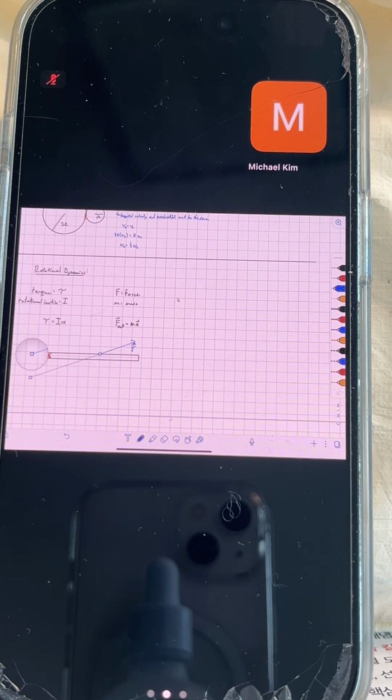All the line of action was basically the direction that our force is going in, and we extend it out infinitely in both directions. This is what we call the line of action.